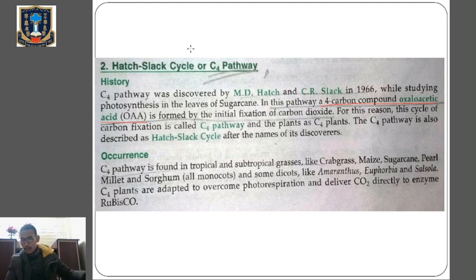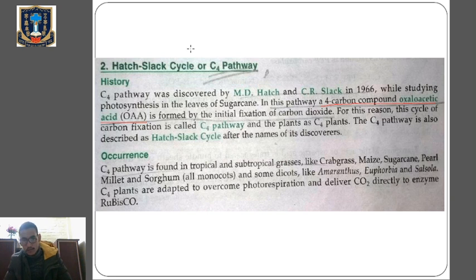If you remember, in the C3 pathway we have phosphoglyceric acid, a 3-carbon acid, and hence the pathway is known as the C3 pathway or C3 cycle. And in the C4 pathway, the product is a 4-carbon compound called oxaloacetic acid, which is formed by the initial fixation of carbon dioxide. So the pathway is known as the C4 pathway, and also called the Hatch-Slack cycle after the name of its discoverers.